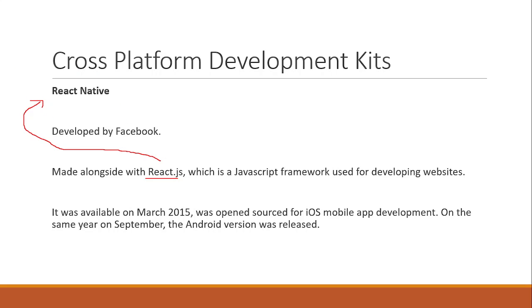Therefore, the output is React Native. It was available in March 2015 and was open sourced for iOS mobile application development. In the same year, in September, the Android version was released. They gradually made the applications available to the software development community.